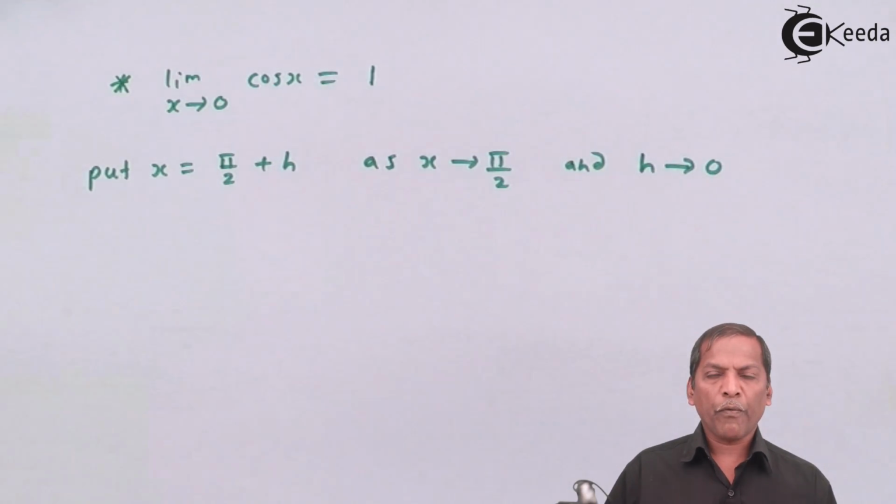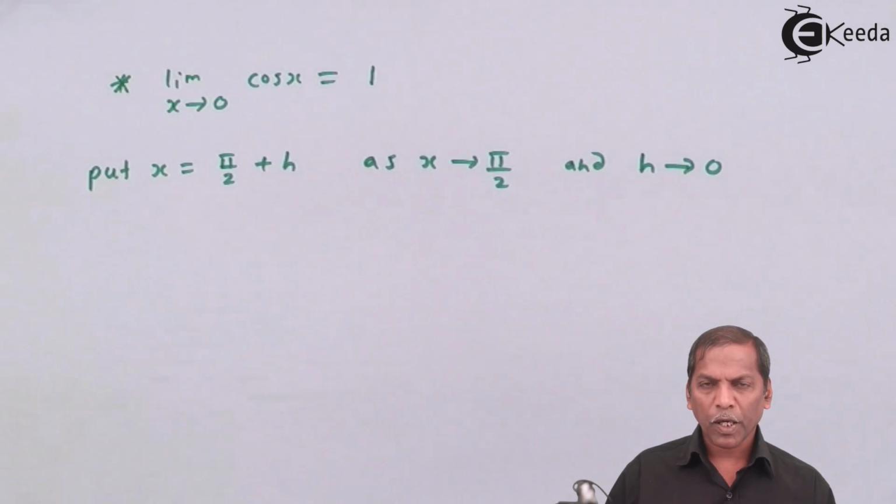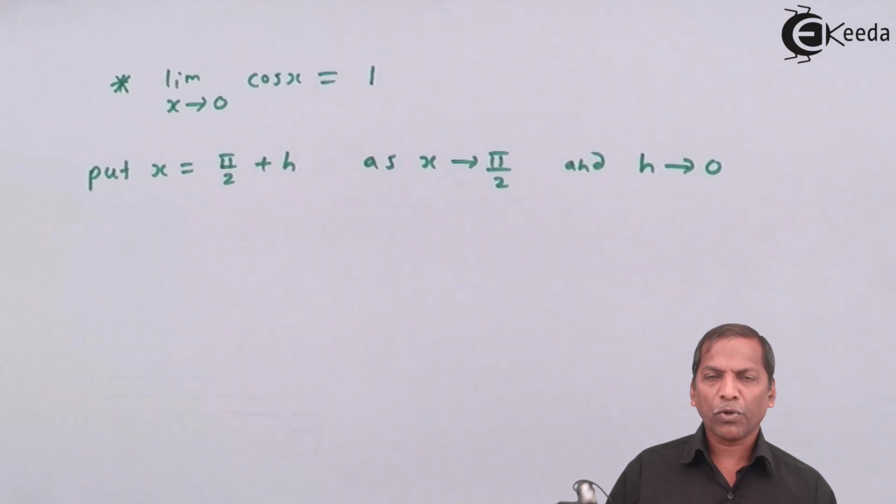So whenever we have x, we have to put pi by 2 plus h, and for the limit x tends to pi by 2 we have to write h tends to 0.